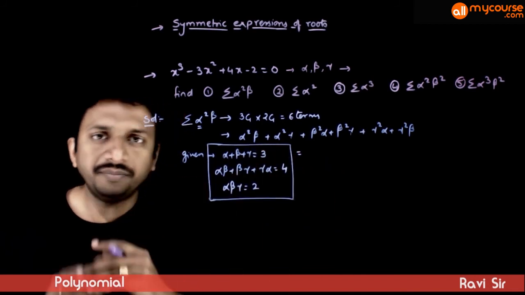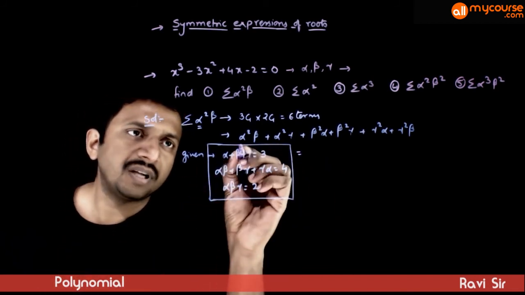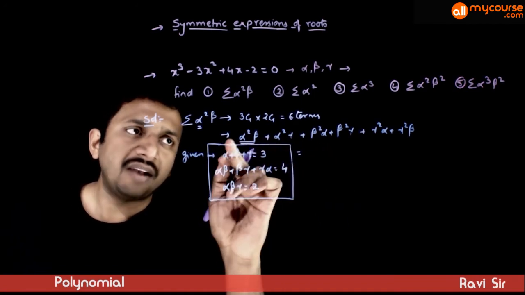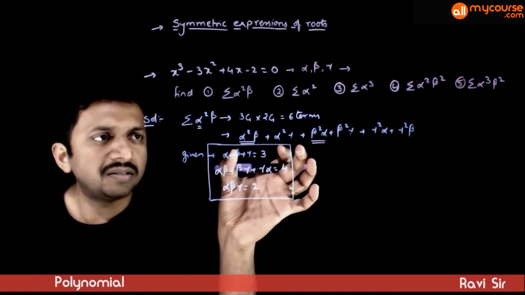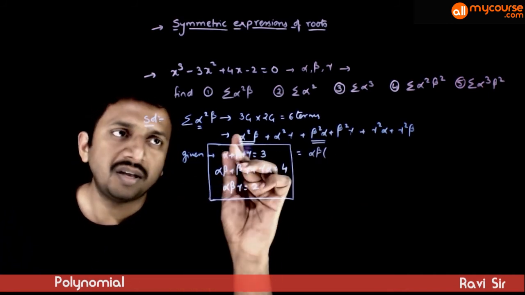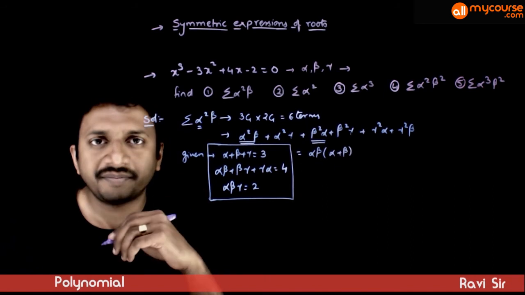So this is equal to, now if you take this expression alpha square beta and beta square alpha, in these two expressions I can take alpha beta as common. If I take alpha beta as common, I get alpha plus beta.